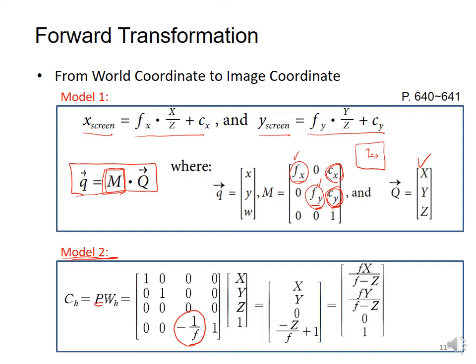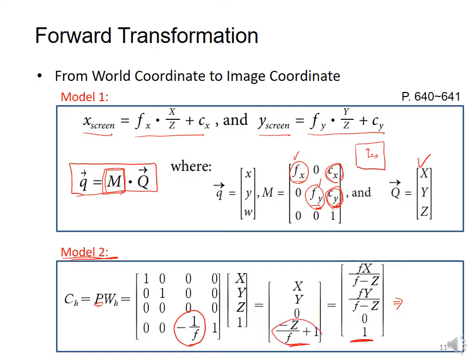Because it uses the homogeneous coordinate system, this vector is identical to this vector. We will talk about the homogeneous coordinate system later, but just remember that this is equal to this.